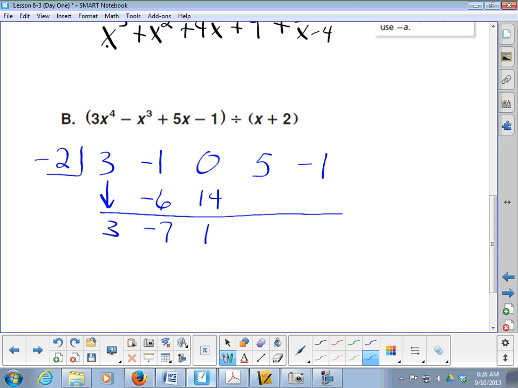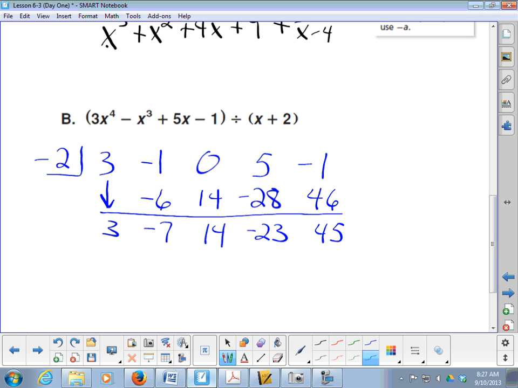So we combine them. 0 plus 14 is 14. Then we multiply. Combine them. 5 minus 28 is -23. -2 times -23 is 46. And so we have a remainder of 45.